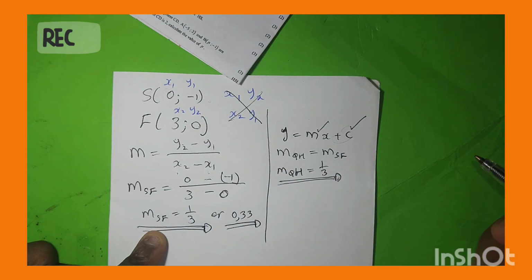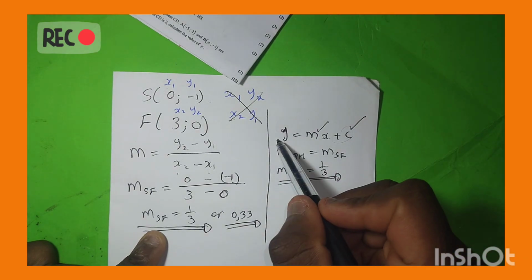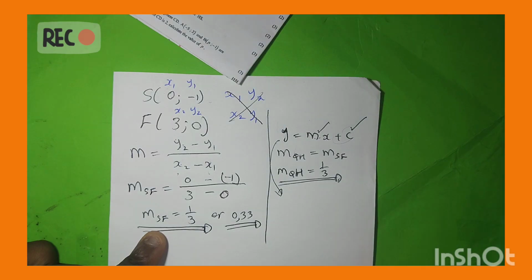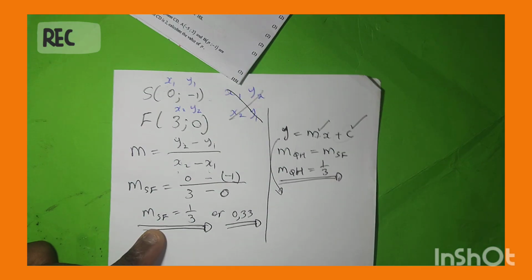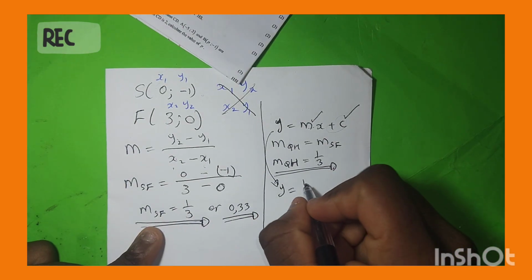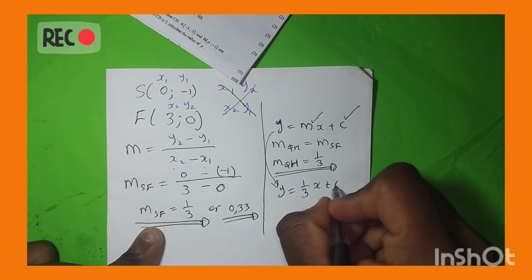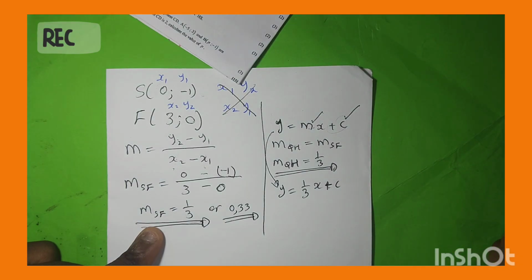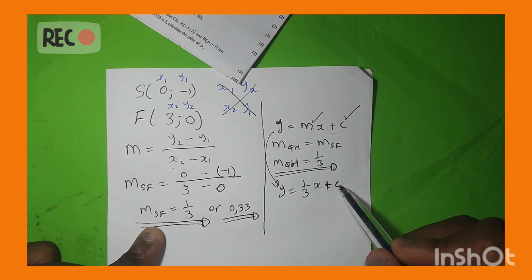So now I will substitute the gradient into this equation, because I already know it, so the equation now becomes like this. Now I should solve for C. To solve for C, I will take one point that I will substitute here, so that I have C as my unknown value.